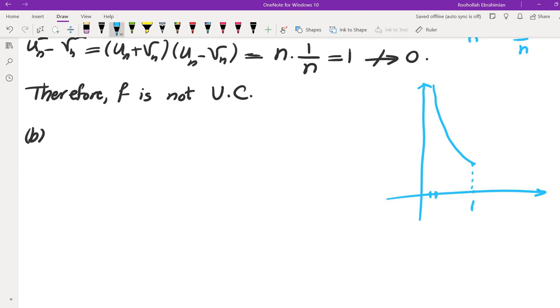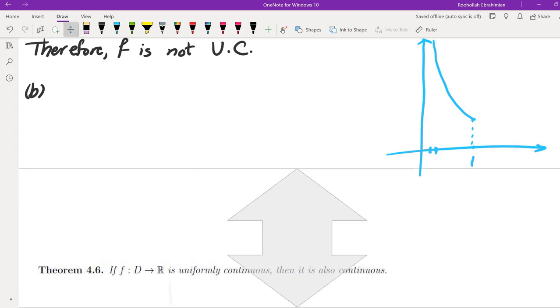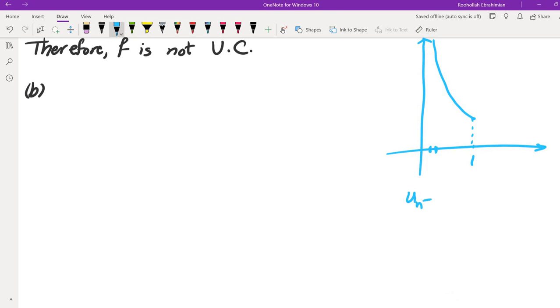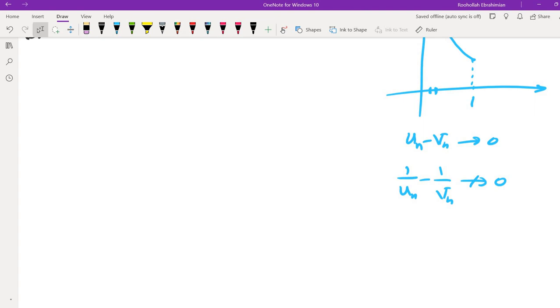So at 0, even though the two sequences un and vn are close to each other, the functional values could be very far from each other. So we need un minus vn to approach 0 and 1 over un minus 1 over vn to not approach 0. So we can create examples of this sort.